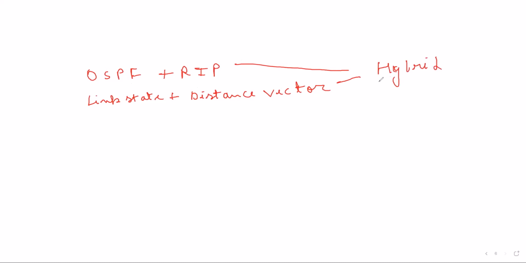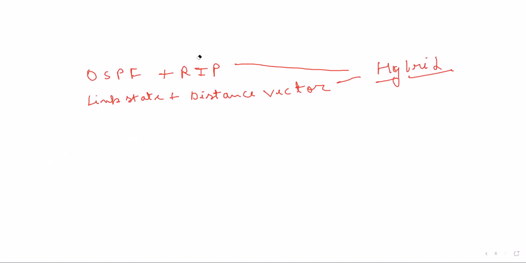Like nowadays we are making hybrid species, hybrid dogs, a mixture of lion and dog, something like that.